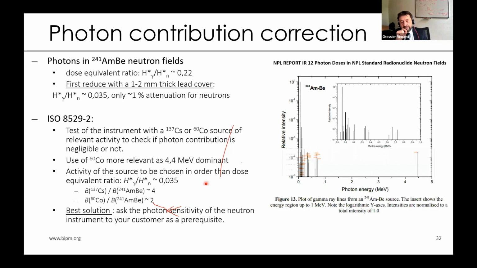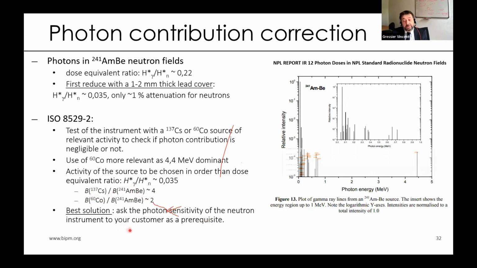So that's why I would recommend using a cobalt-60 source, because mostly what you are interested in is a reading for this ray here. The activity of the source should be chosen so that the dose equivalent ratio is about 3.5%. It means you should have a cesium source with 4 times the emission rate of the americium-beryllium source, or if you have a cobalt, 2 times.